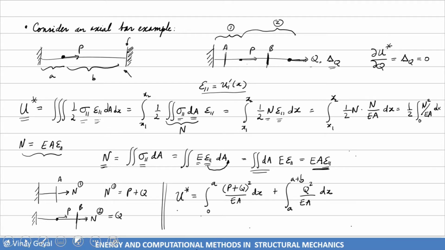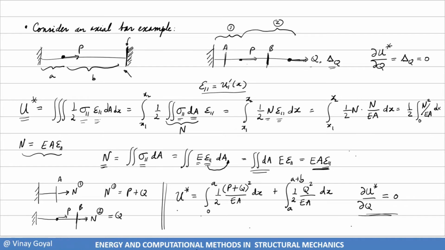And all I have to do now is find the derivative of U star with respect to Q and set that equal to 0. Because we know there's no deflection on this end, and so I'm using Castigliano's theorem to force that. I did forget a 1/2 here and 1/2 here, so very important miss.